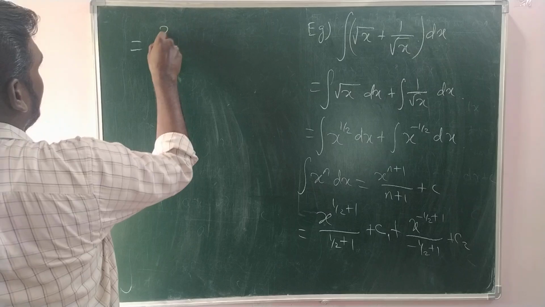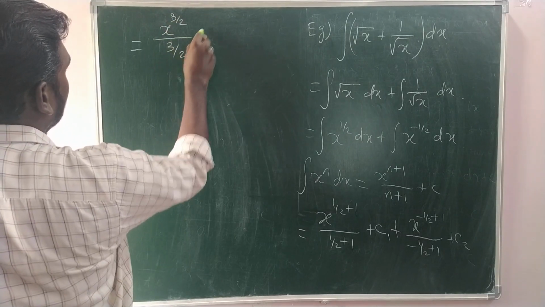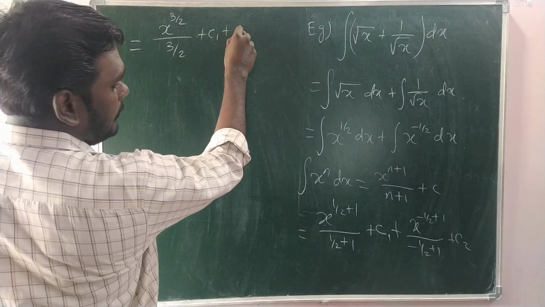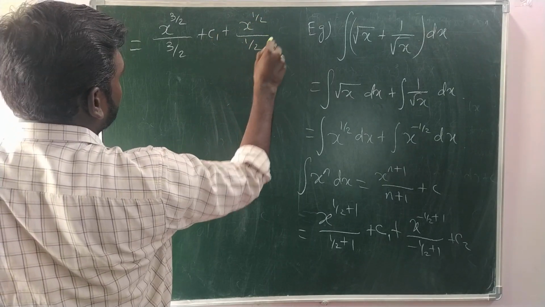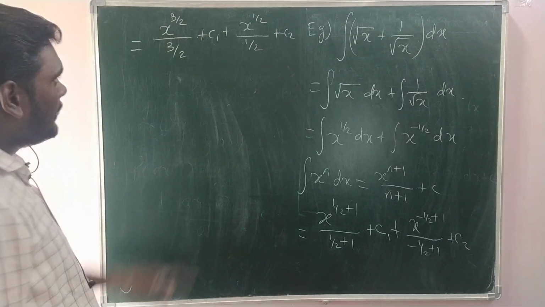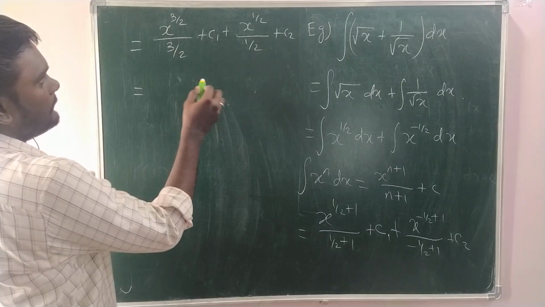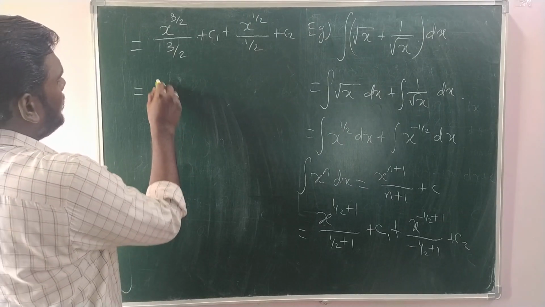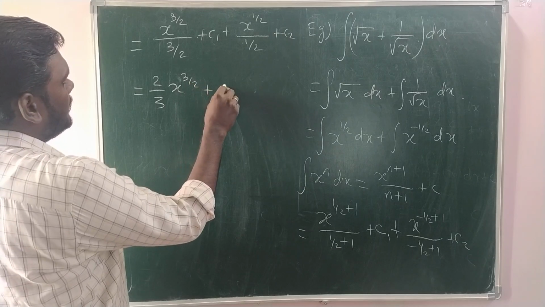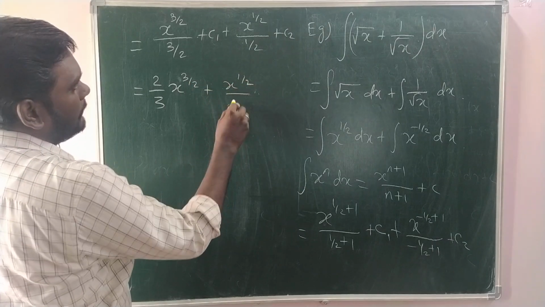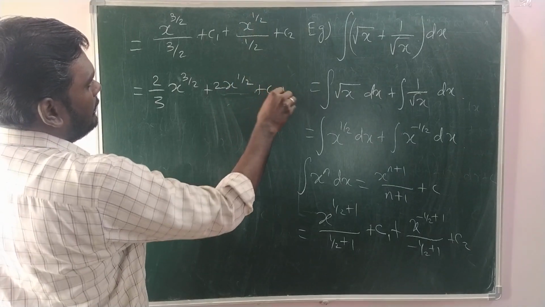This can be written as x power 3 by 2 divided by 3 by 2 plus C1, and x power 1 by 2 divided by 1 by 2 plus C2. Now combine these two x terms, and C1 and C2. It is 2 by 3 x power 3 by 2 plus 2 x power 1 by 2, since dividing by 1 by 2 means multiplying by 2, and then C1 plus C2.